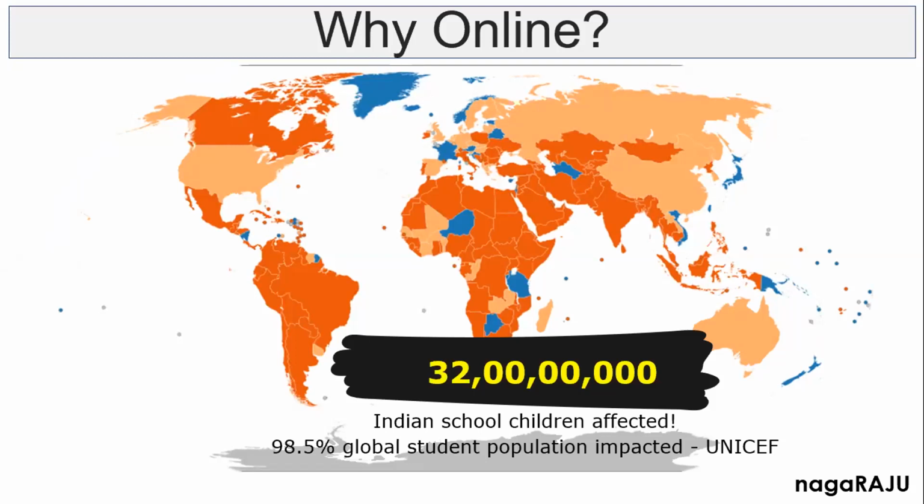All colors indicate some percentage of schools, colleges, and universities affected because of the lockdown. There is no country left now. There is hardly a place in the world. 98.5% is almost near 100%. So the whole world has been affected. There is hardly a place where colleges and universities and schools are still open. The whole world has been affected.